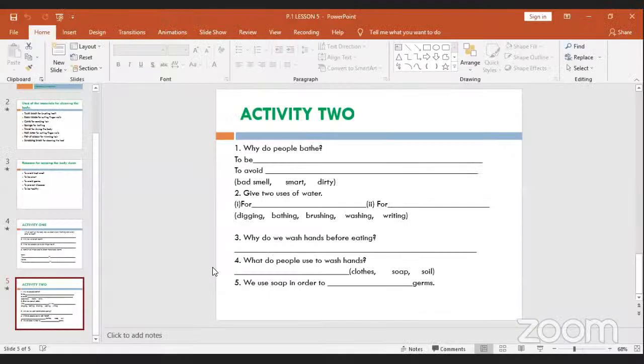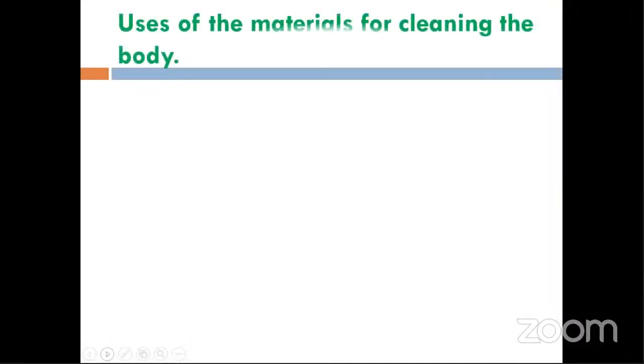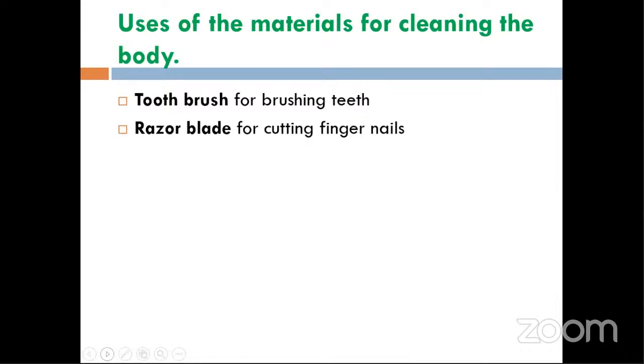For those who were not here when we started with this, we looked at the uses of the materials for cleaning the body. The toothbrush, we said this one is used for brushing teeth. We also talked about the razor blade. We said it is used for cutting fingernails.